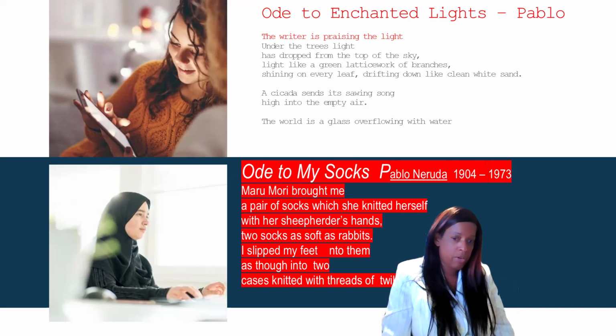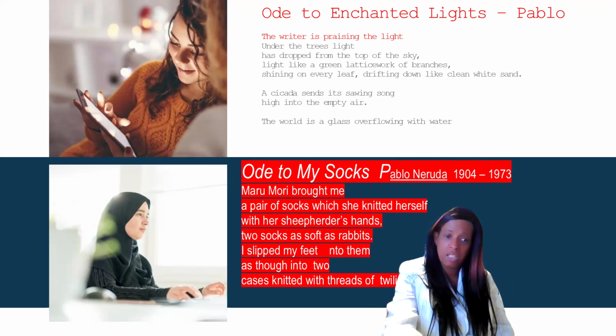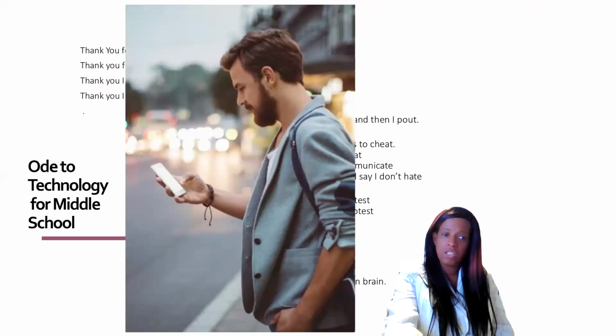Everybody got that so far? So what are some of the things that you need to have in your ode? One, thanks. You may have to have in your ode a simile. You may need to put in your ode a metaphor. Right? But this is where you're giving thanks.